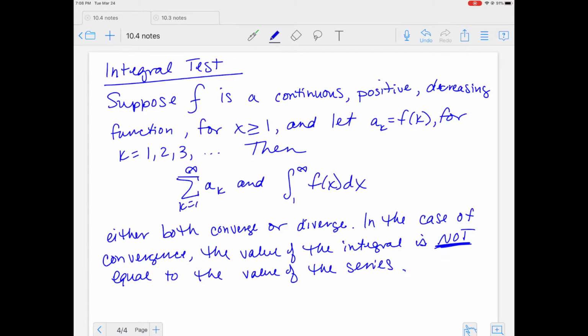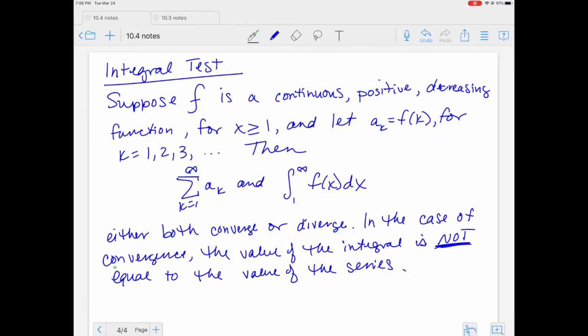Okay, so here's our integral test. Suppose my function f is a continuous, positive, decreasing function for x greater than or equal to 1, and we want to let my a sub k equal f of k for k going from 1 to infinity by integers, right? Then my series here and my improper integral either both converge or diverge.